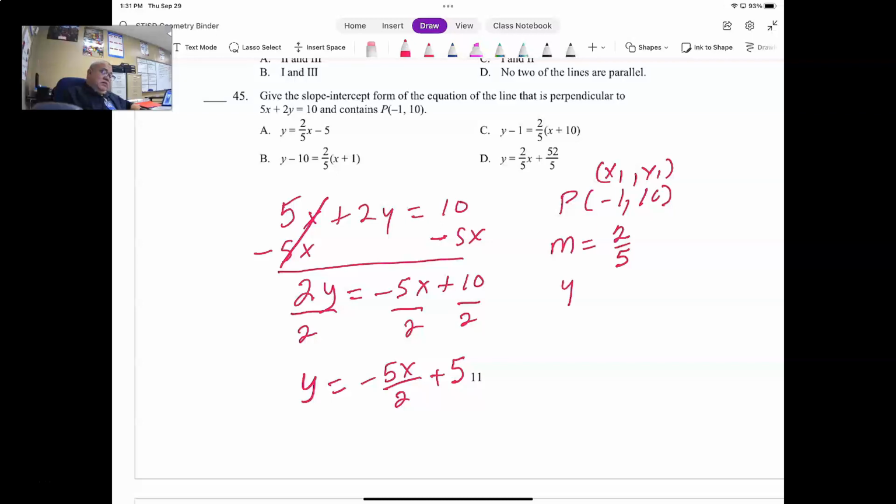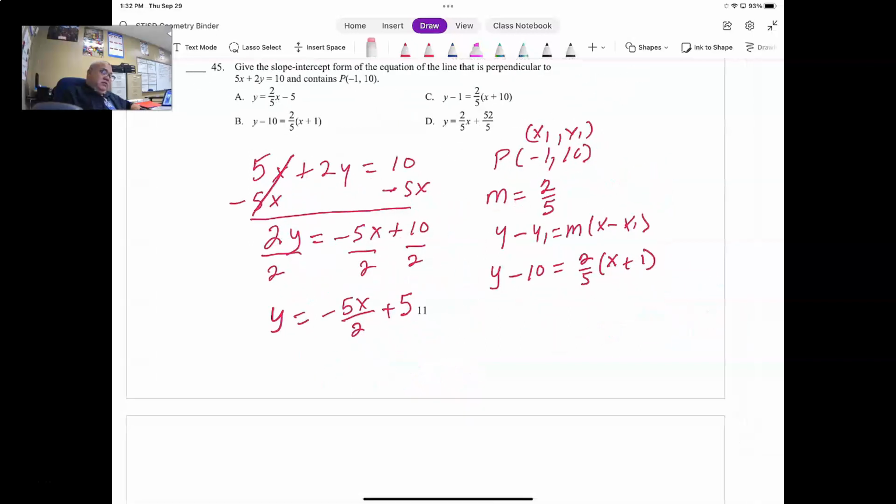So you have y minus y1 equals m times x minus x1. So you have y minus 10 equals 2 over 5 times x minus 1, which means plus 1.